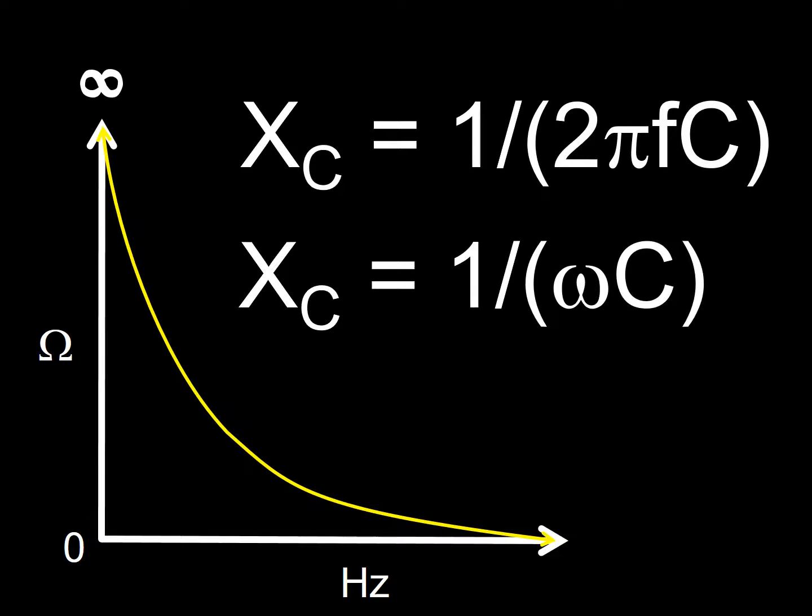I would like to remind you also that capacitive reactance is the opposite of inductive reactance. Inductive reactance is zero when the inductor is fully charged and current is flowing steadily. Capacitive reactance is infinite when the capacitor is fully charged.